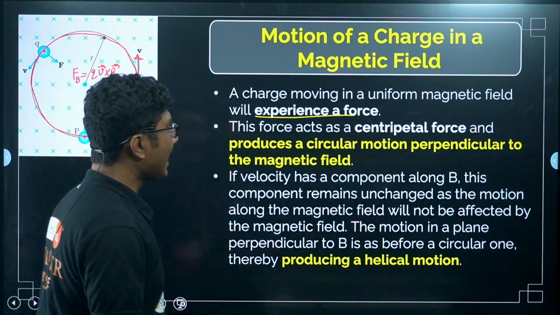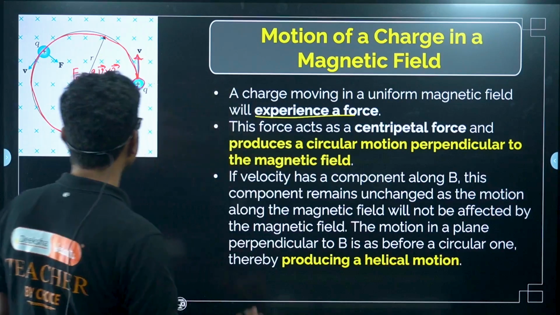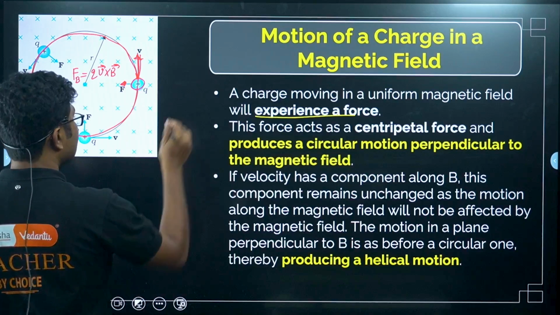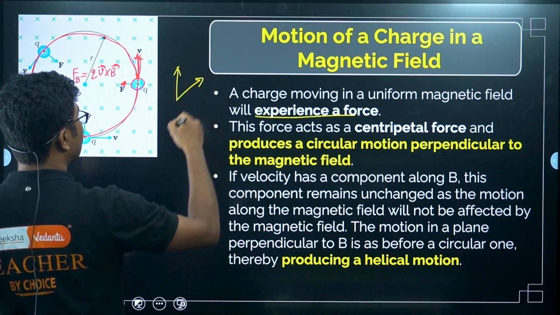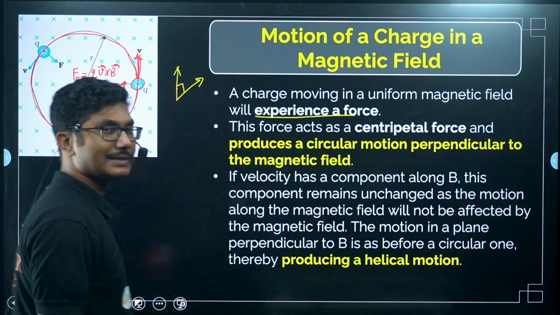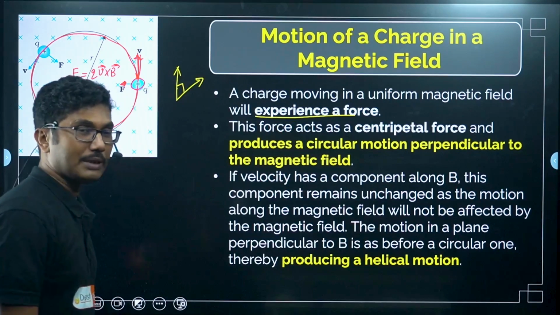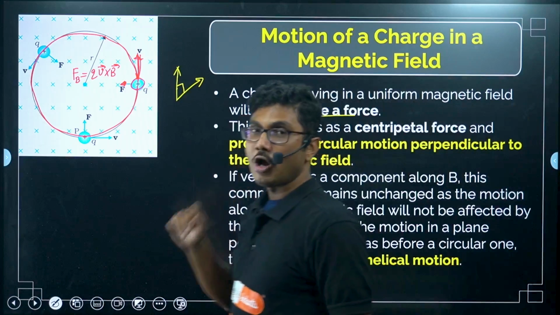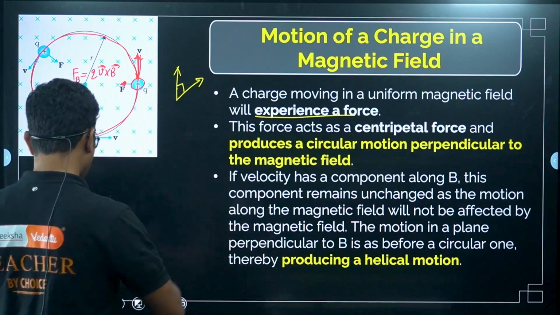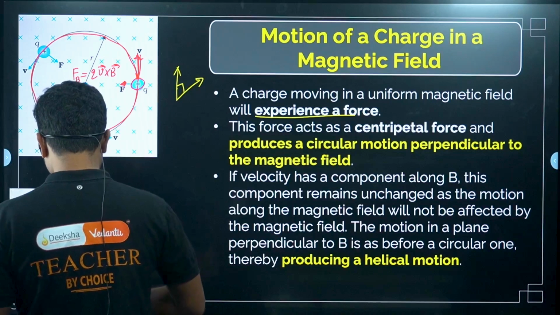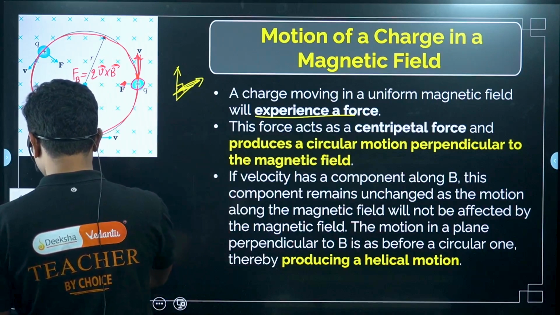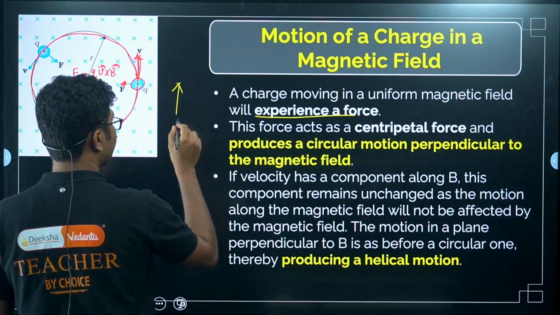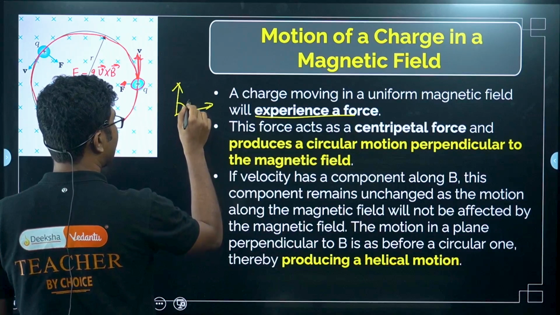Now, if the velocity has a component along B, so if V and B are directly perpendicular, V in this direction and B into the paper, then there is no component of V in the direction of B, because cos 90 is 0. But suppose V is moving in such a way that V and B are not perpendicular, and there is an angle, say theta.